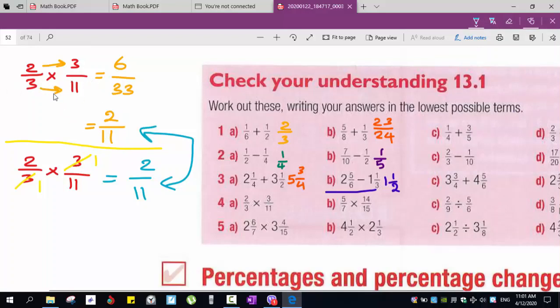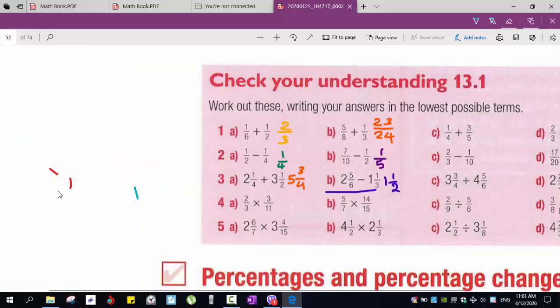Question 4b. So this one was 2 over 11. Question 4b, it is 5 over 7 times 14 over 15.